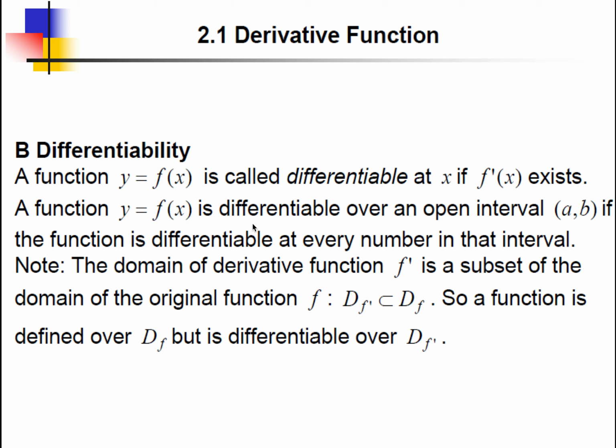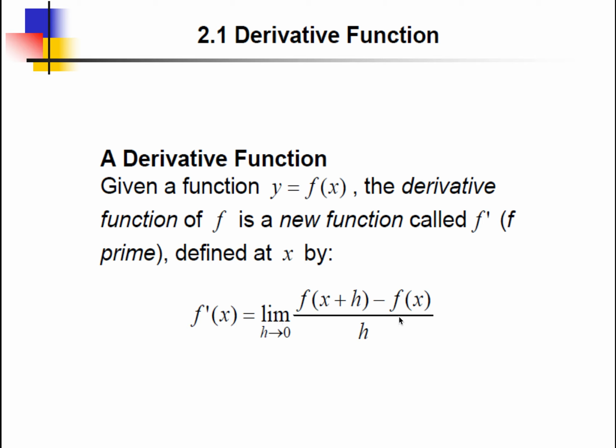A function of x is differentiable over an open interval (a, b) if the function is differentiable at every number in that interval. Now, this is a vague statement, but it means that we are finding the general instantaneous rate of change, at x, not at a point 1 or 2 or 3.